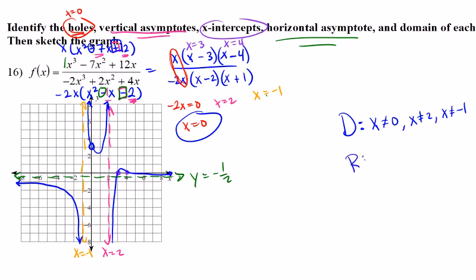And then the range, now the range is a little different. It looks like there's some area in here where the range doesn't actually equal, but it actually does cross -0.5. So for the range, we're just going to put a question mark here.